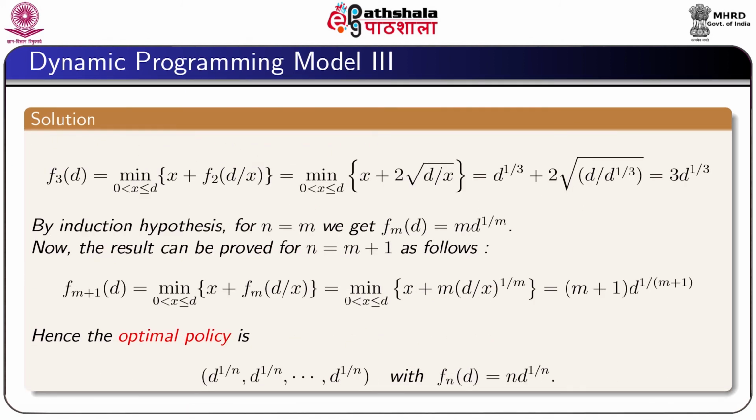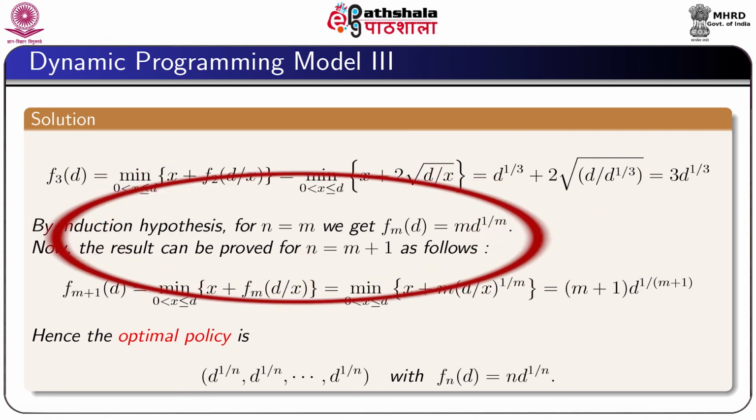Similarly, f3(d) is equal to minimum of x plus f2(d by x), which is equal to minimum of x plus 2 root of d by x, and then we find the value of x which minimizes x plus 2 root of d by x, and finally we get the value of f3(d) as 3 d to the power 1/3.